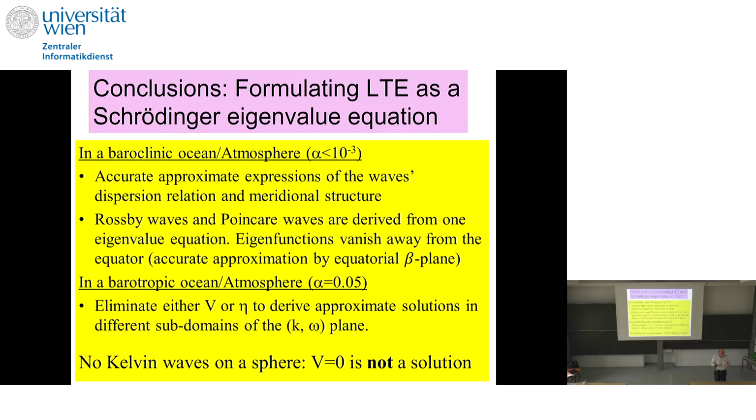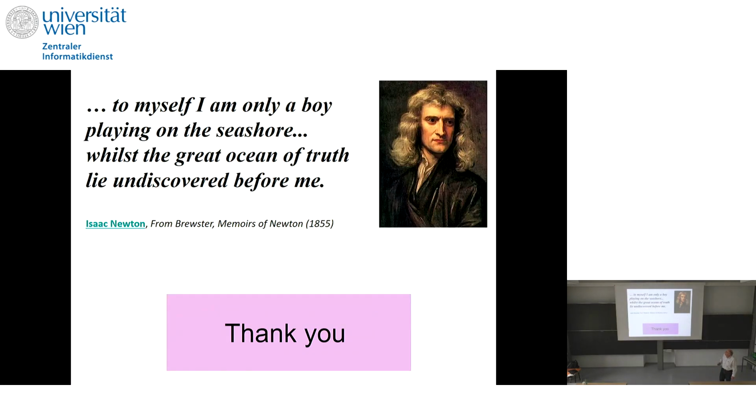That's very unusual. It doesn't happen on a sphere. So what comes instead is that the n equals 0 Poincare mode is very much the counterpart of the Kelvin wave on a sphere, and you have to shift all others by one.